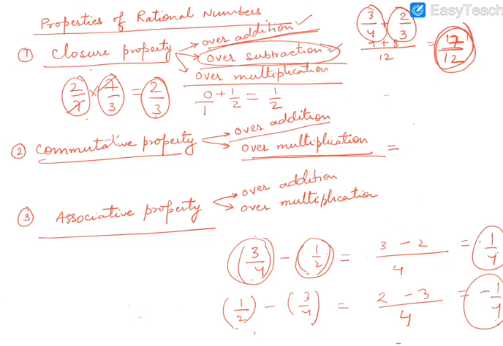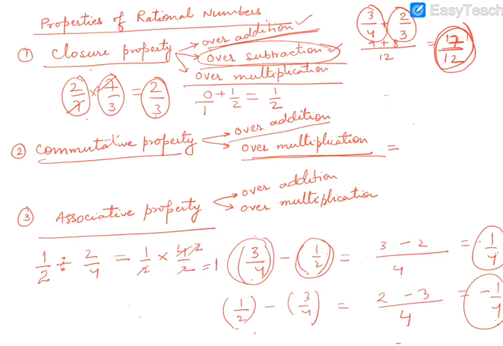Same thing happens with division also. Suppose I'm writing here 1 by 2 divided by 2 by 4, so what will be the answer? 1 by 2 multiplication will take the reciprocal, 4 by 2, 2 times, answer is 1.